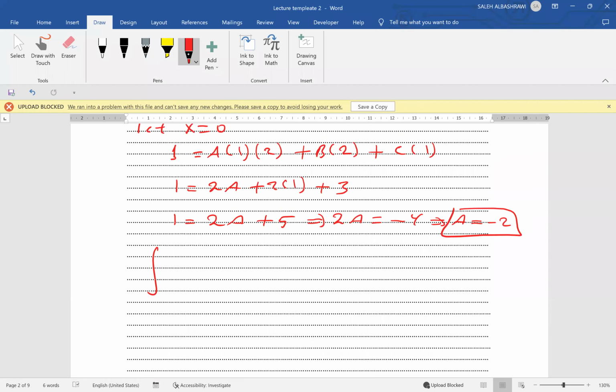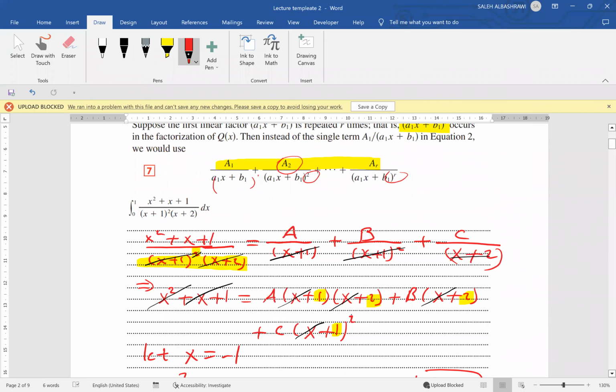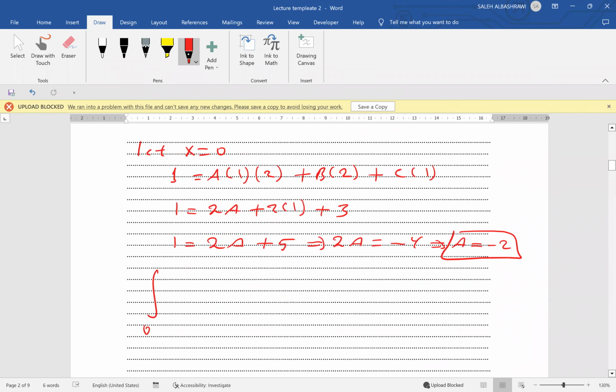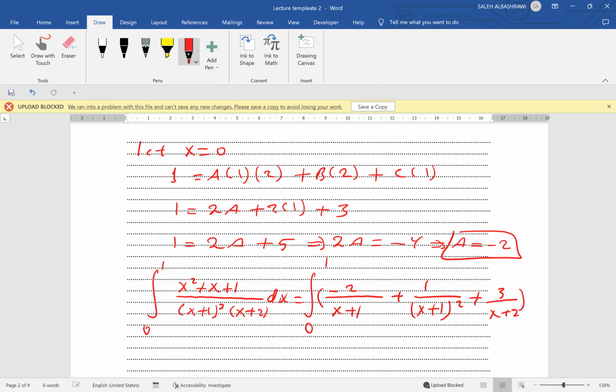So I have a, b, and c. So the integration from 0 to 1 of x squared plus x plus 1 divided by (x plus 1) squared times (x plus 2) dx is equal to the integration from 0 to 1 of a, which is minus 2, divided by x plus 1, plus b, which is 1 over (x plus 1) to power 2, plus c, which is 3 divided by x plus 2, dx.